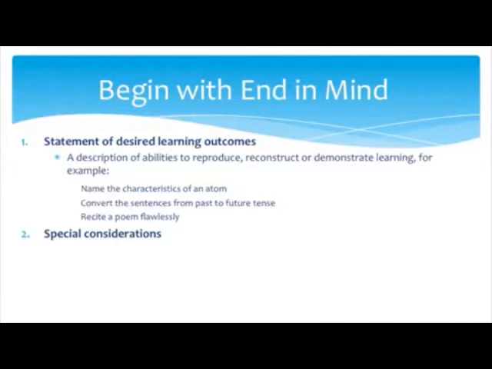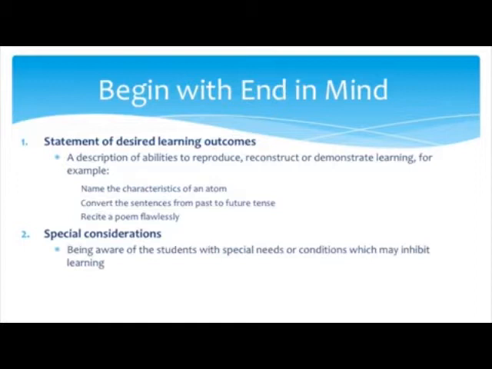Now we want to think about special considerations that you may want to give to students in the class. Are there students with special needs or conditions? For example, some students come from backgrounds which may be different in terms of using a language.